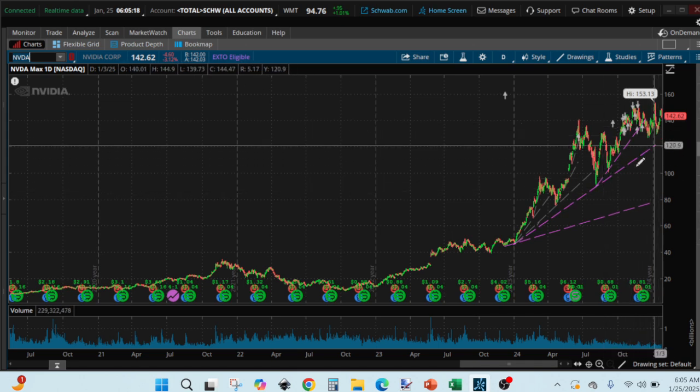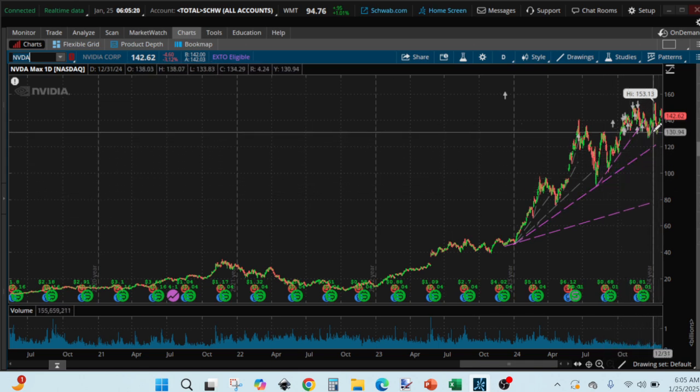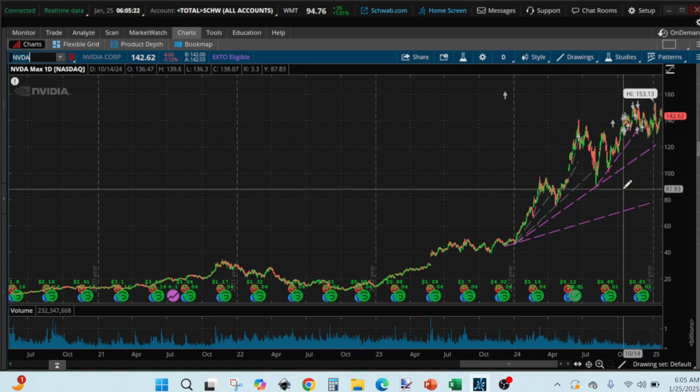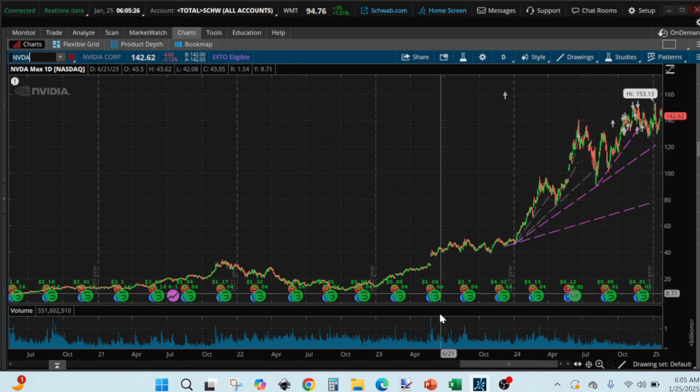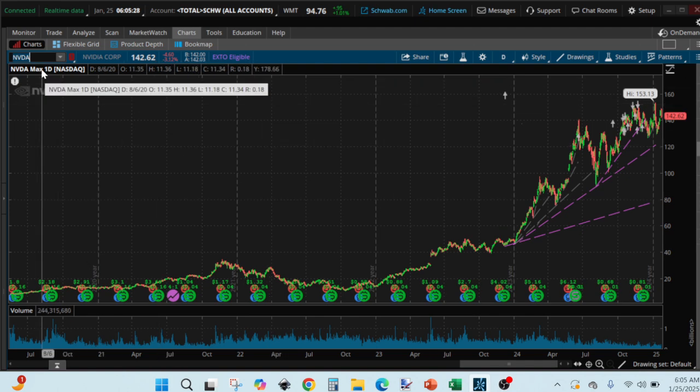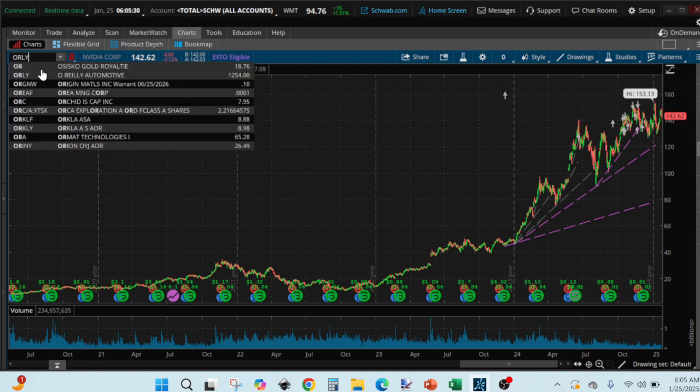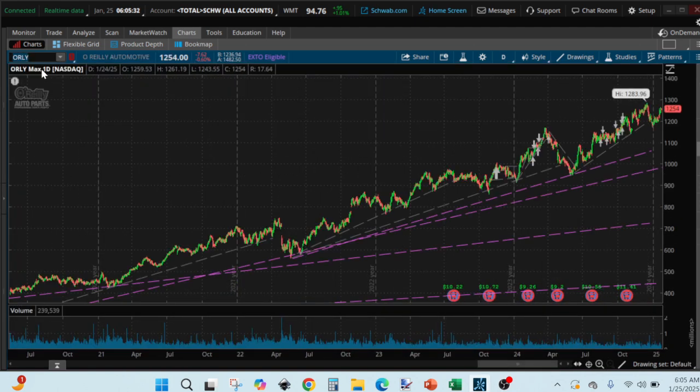You might even trace those, and you might even decide to buy at those lines instead when it pulls back to that line. And every single chart will be different.